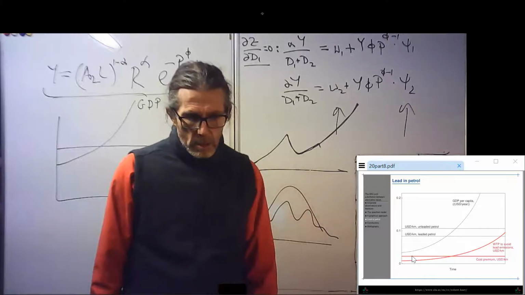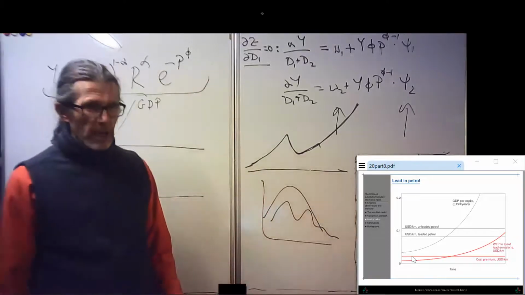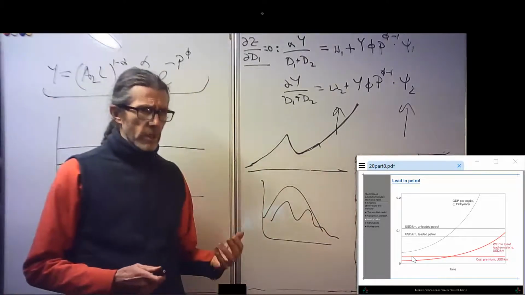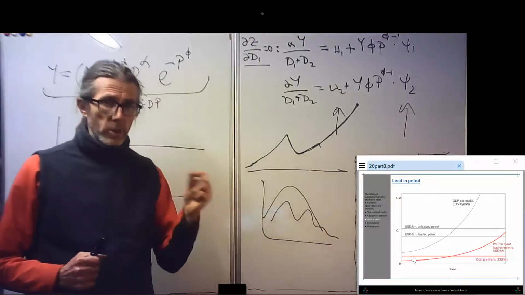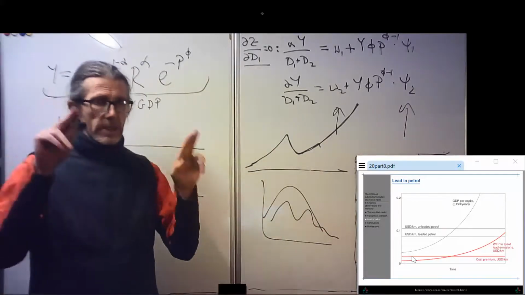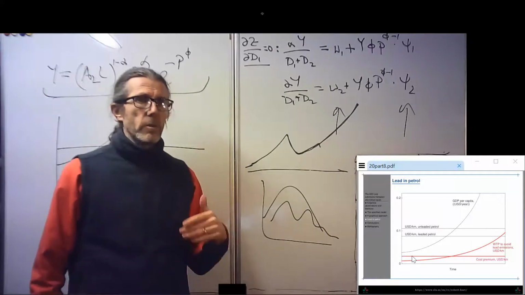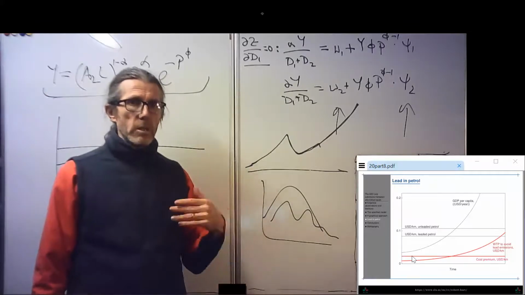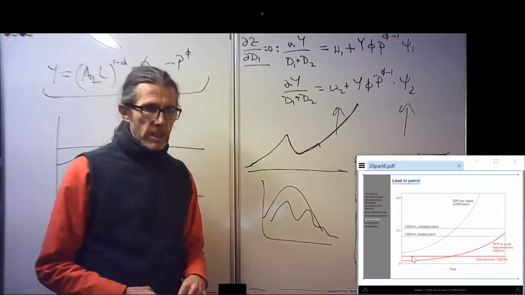What about from about 1920? Someone discovered around then that if we put tetraethyl lead, basically lead, into petrol, motors run better and we can get further per litre of petrol.